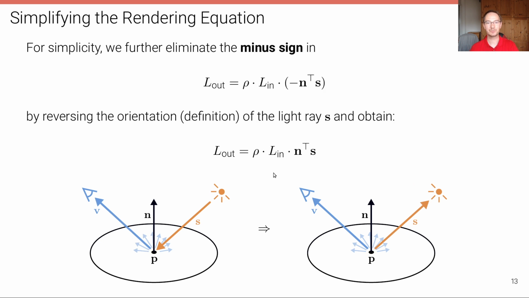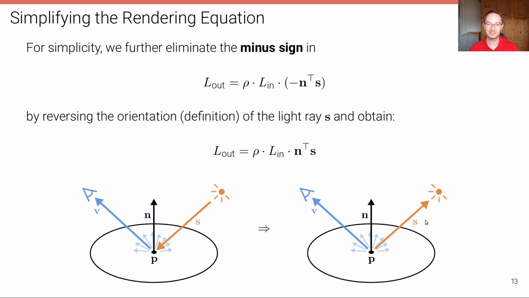And the last thing that we're going to do is we're going to eliminate the minus sign here by simply changing the definition of the light source direction. As you can see here, the arrow points from the light source towards P, and I've just reversed that arrow. And if I do that, then the minus here goes away. And of course, you can see that this is true because this term here must always be positive, right?